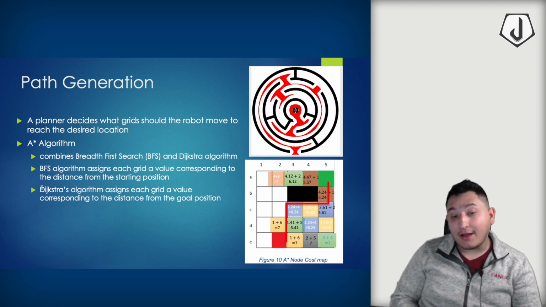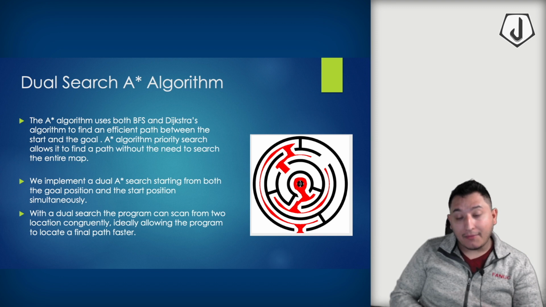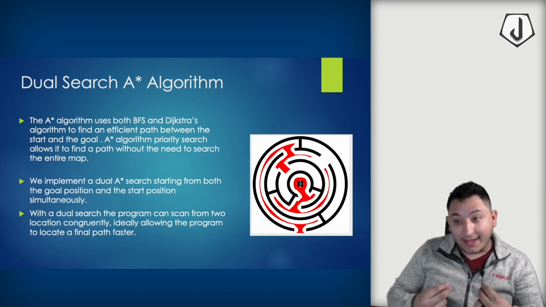A BFS algorithm can identify the shortest distance from any starting position to the goal position. Dijkstra's algorithm assigns each grid a value corresponding to the distance away from the final goal position. Our A-star algorithm uses both a BFS search and a Dijkstra's algorithm search. This finds an efficient path between the start and goal position.